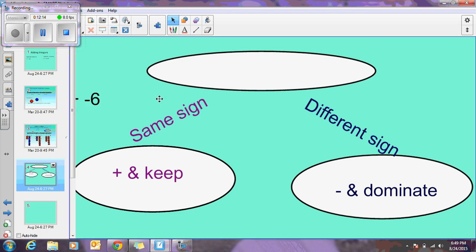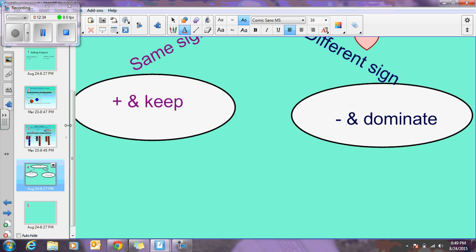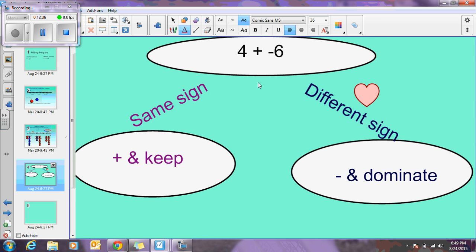Okay, last one we have. A positive 4 plus a -6. Well, same sign or different sign? Oh, they look different, don't they? That's positive, that's negative. So this is what we actually do. We need to subtract and dominate. So I guess I'll talk about the subtraction part. We don't really do 4 take away 6, so we think of it like 6 take away 4.